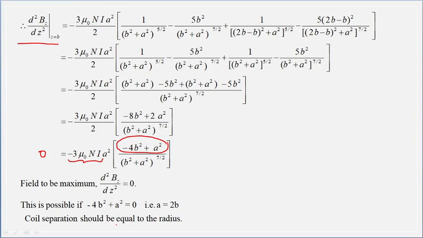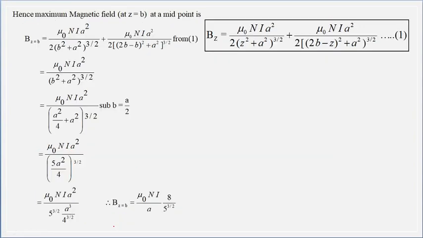In fact, from the center of the magnetometer, we are keeping a distance up to the coil equal to half the radius. The reason for that is, in such a case, the field is a maximum. So the maximum field is at z equal to b.